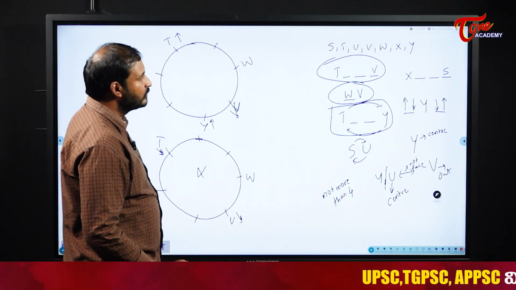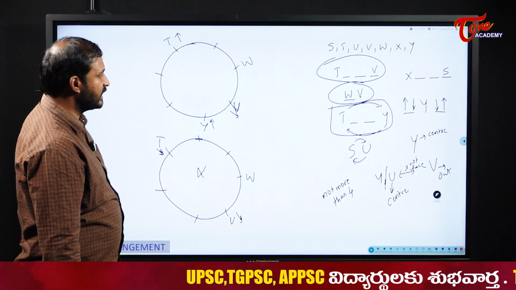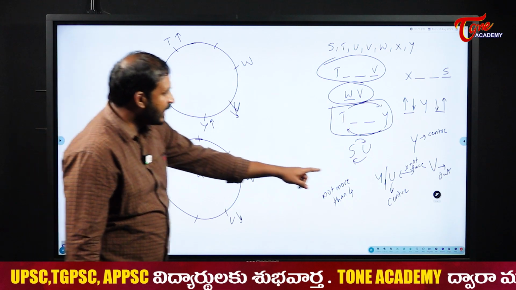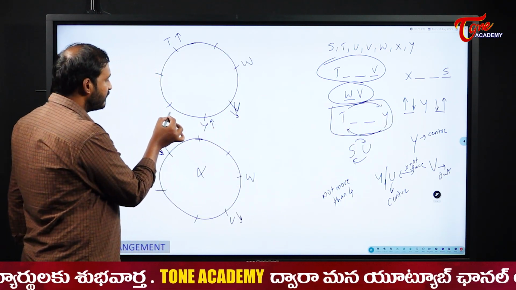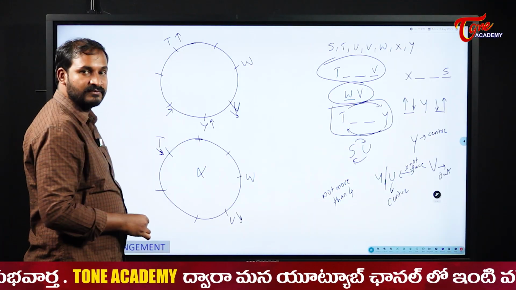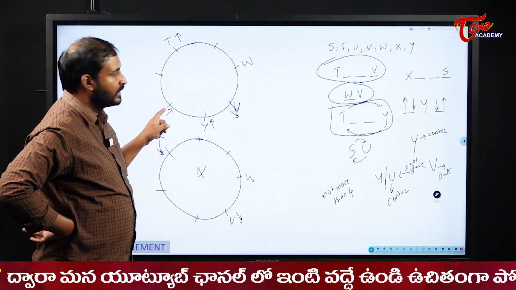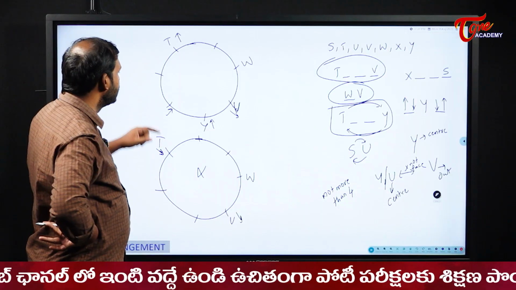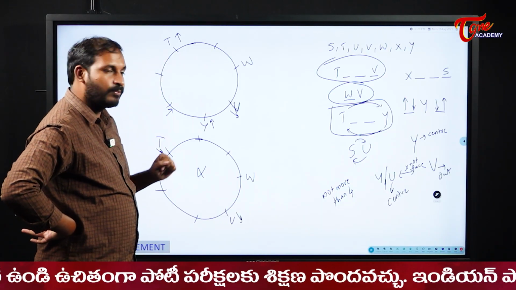Now see here, between X and S I should have how many persons? Two persons. X's second right should be who? Now Y's neighbors will face opposite directions. V is facing outward, which means this person will definitely face inward. If I take X here, whether it is right or left, it is not possible for me.